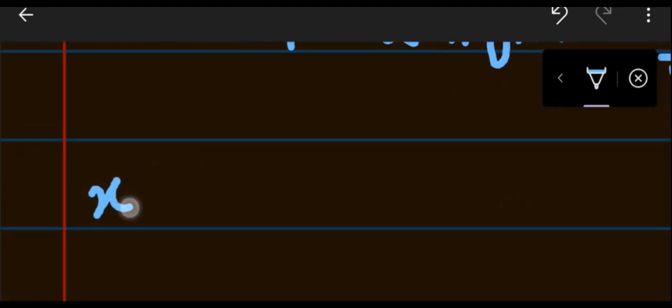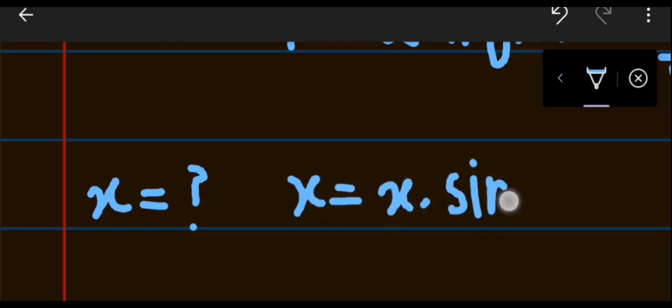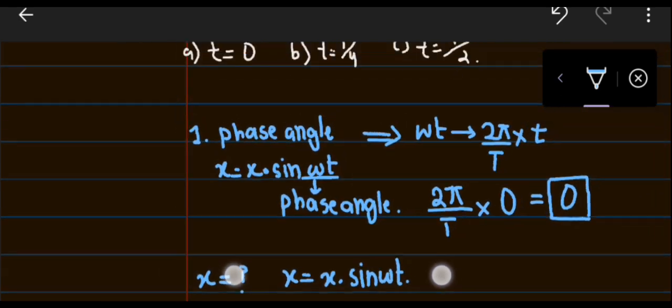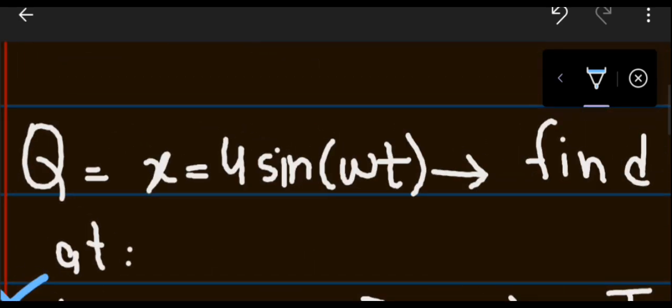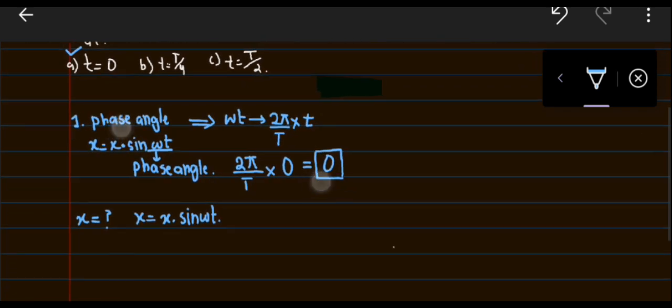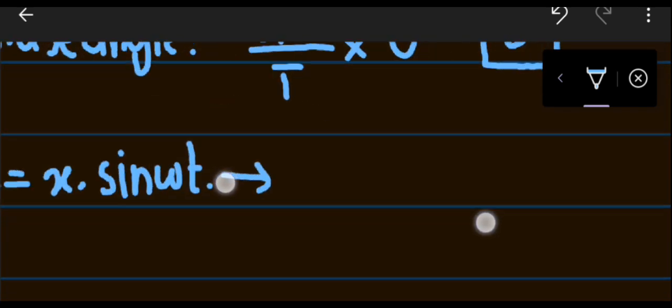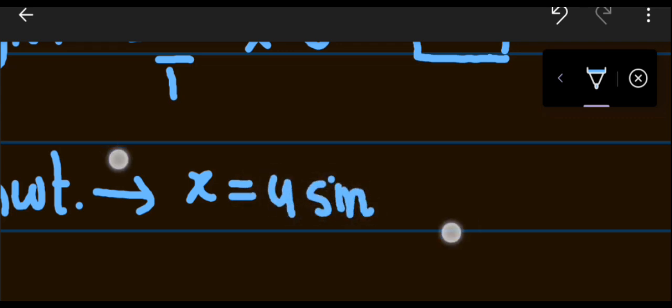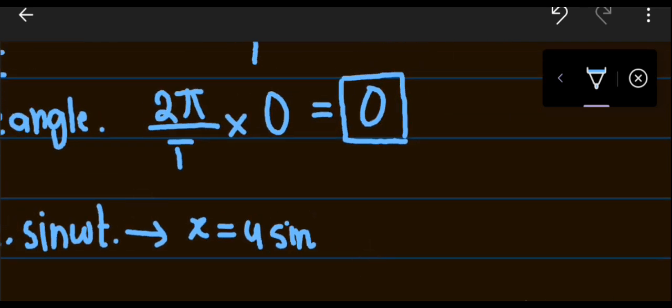Now if I'm going to find x, we know x is equal to x naught sine omega t. The equation given was x is equal to 4 sine omega t, so x naught is equal to 4. So x is equal to 4 sine of the phase angle, which we found to be 0.